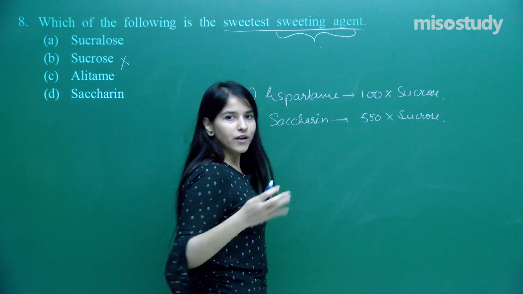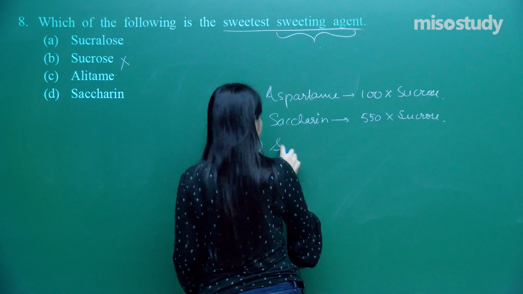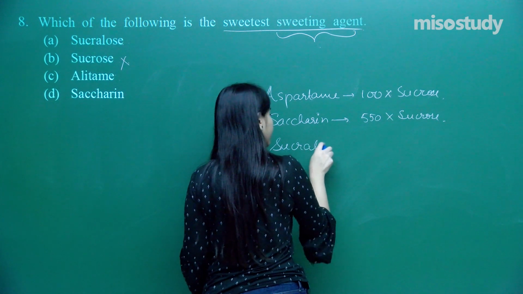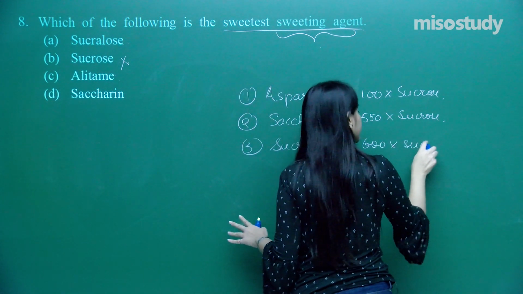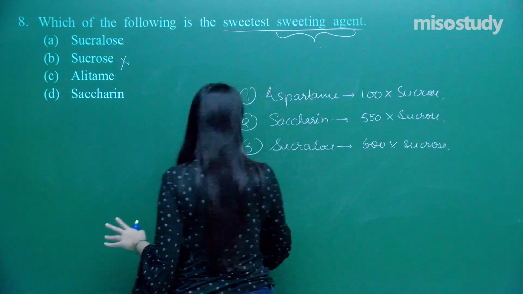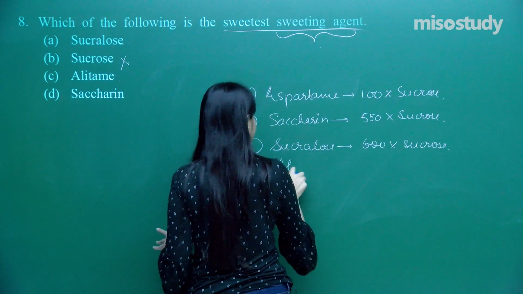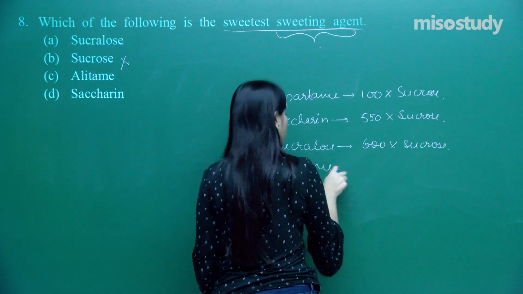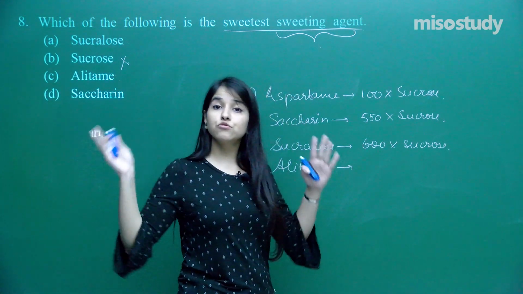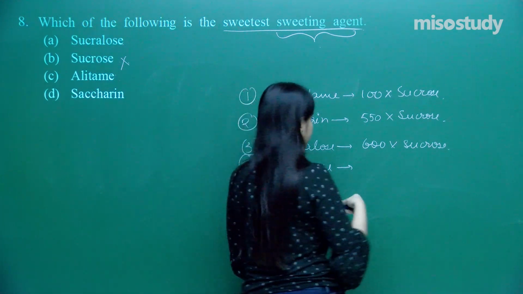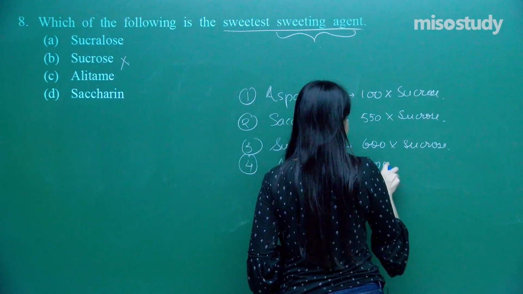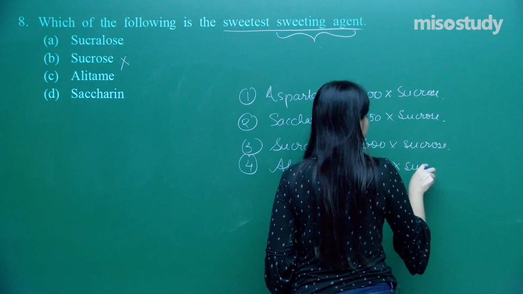Third was, I hope you all are able to recall that, sucralose. That is approximately 600 times that of sucrose. And number four was alitame. That is how much? That is around 2000. That means so much sweetening property it has. That is around 2000 times that of sucrose.